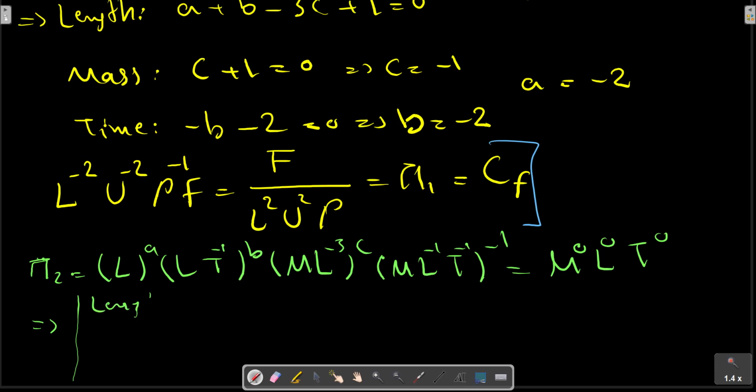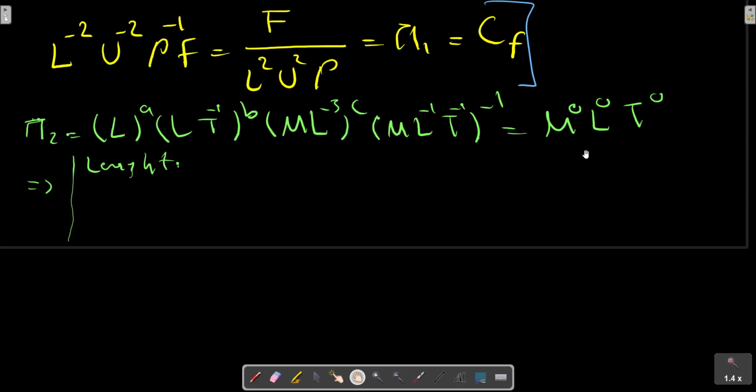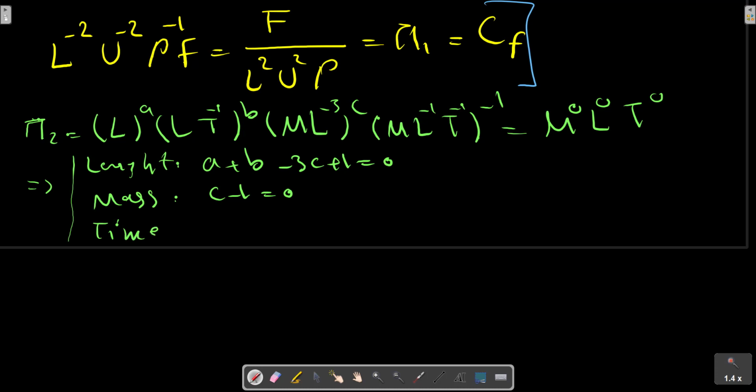We have for length A plus B minus 3C plus 1 equals 0, for mass C minus 1 equals 0, for time minus B plus 1 equals 0.